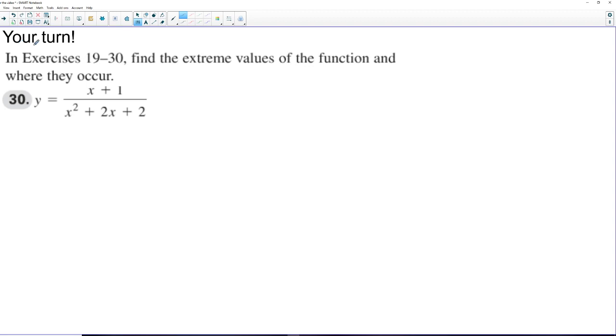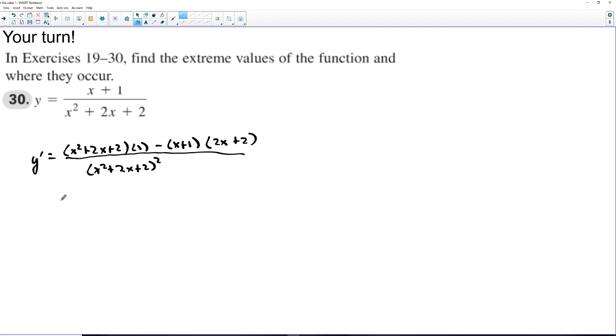In exercises 19 through 30, find the extreme values of the function and where they occur. So we have y prime is equal to the bottom, x squared plus 2x plus 2, times the derivative of the top, minus the top times the derivative of the bottom, 2x plus 2, all over the bottom squared, x squared plus 2x plus 2 squared.